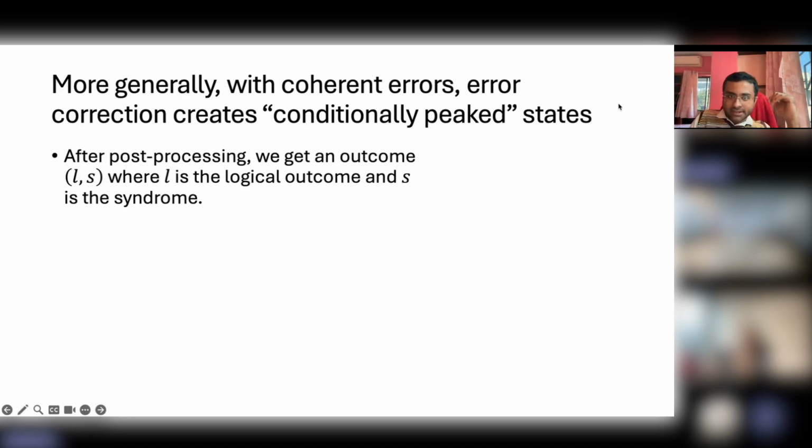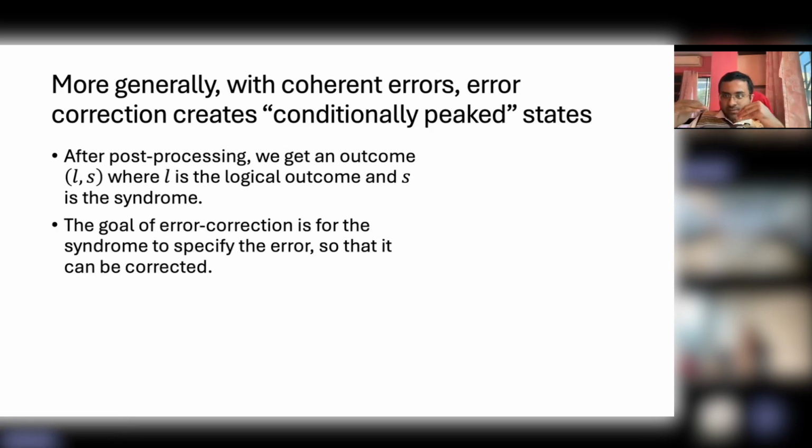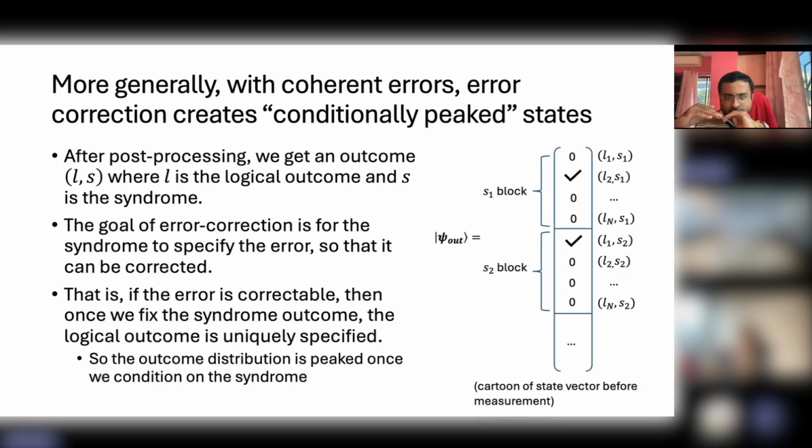I mean that after post-processing, we get an outcome L and a syndrome S. And for QEC to work, for correction to work, the syndrome should uniquely specify the logical error. So once we fix the syndrome outcome, we know exactly what happened to the logical bit. And so in some sense, the logical is peaked, conditioned on the syndrome.